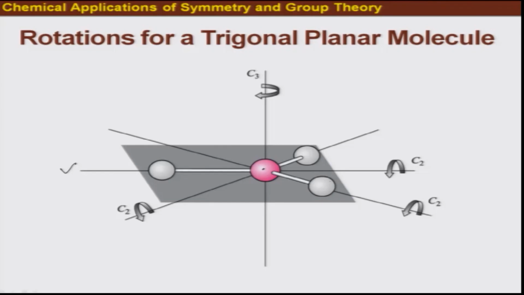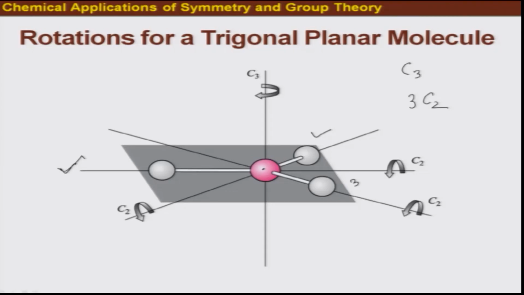You have three boron fluoride bonds, so this is 1, this is 2 and this is 3. You can have the same type of C2 axis through each of these boron fluoride bonds. So you can essentially have three C2 axes for this molecule, and you can have one C3 axis.